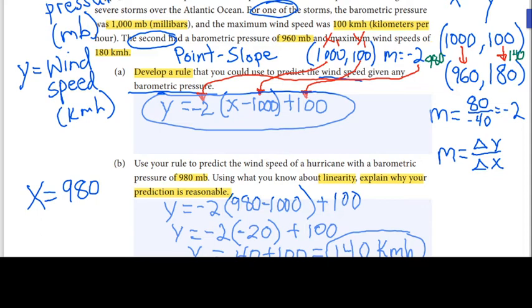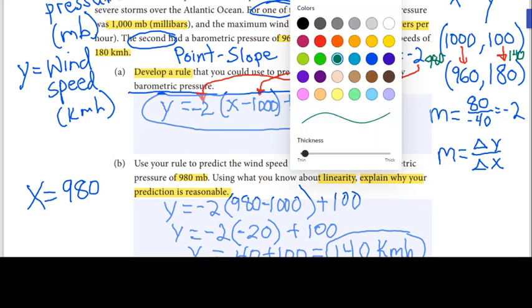Yeah, it sure does. So 980 falls right between 1000 and 960, and 140 falls right between 100 and 180. Okay, so that gives me a little bit to think about, and I can write an explanation by doing this.